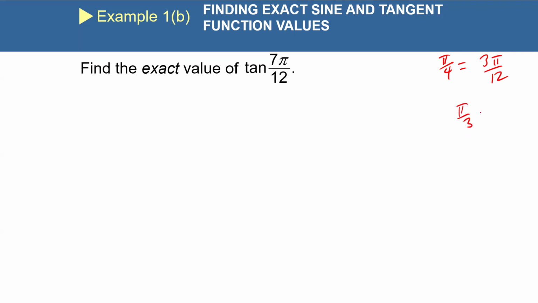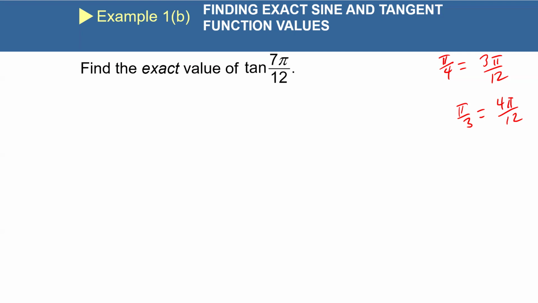If I have pi over 3, what would that equal in 12s? 4. So what two radian values can we use? Pi over 4 and pi over 3. Because when you add those two together, they equal 7 pi over 12. And you're just adding till you get the value of that radian that you want.